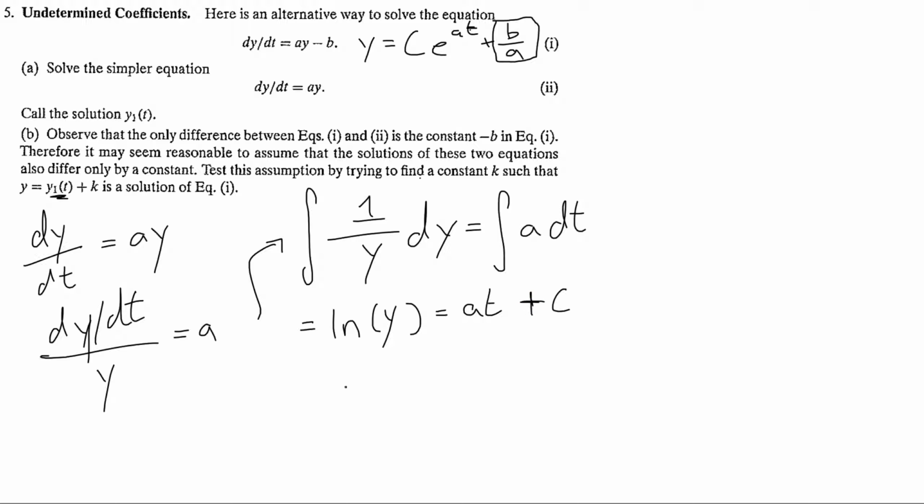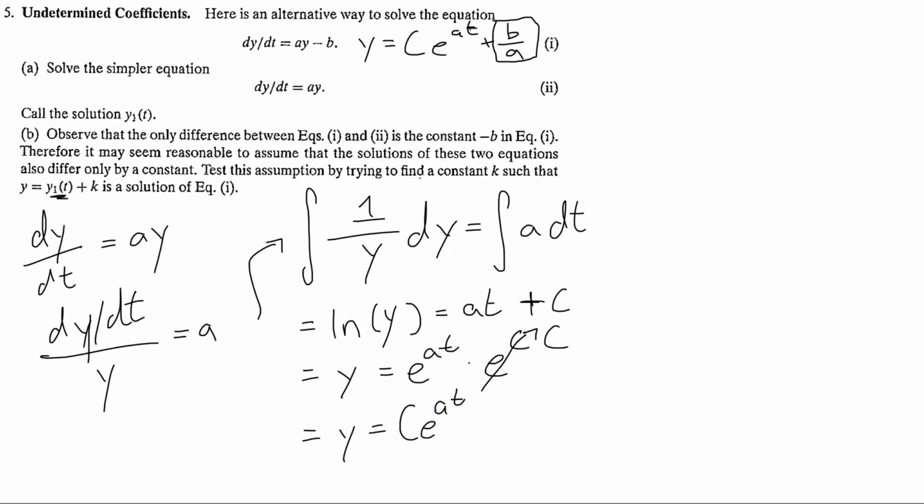Okay. Now all we need is the y, so we have to do our little mathematical manipulation. We end up with y on the left side, and y is equal to e to the at times, remember times, not plus, e to the c. This again will just turn into a constant c, so we're just going to end up with y is equal to c e to the at.